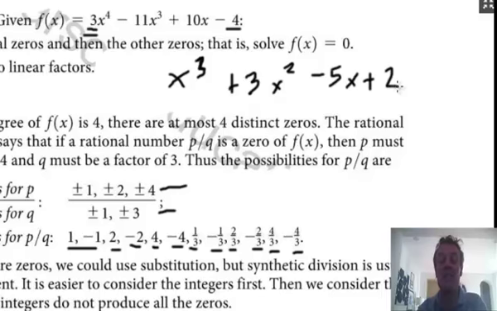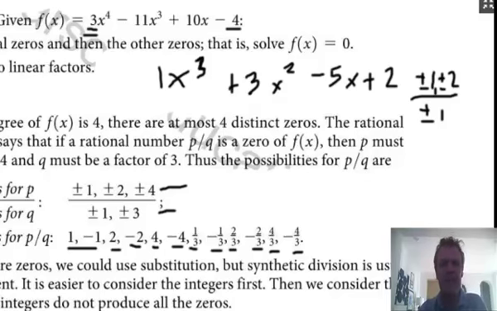What's nice about this one is the only possible solutions are, factors of 2, plus or minus 1, plus or minus 2. And on the bottom, this is just a 1, so it's just plus or minus 1. That's not going to affect anything. The only possible answers are plus 1, minus 1, plus 2, or minus 2. Those are the only 4 I would try in synthetic division.